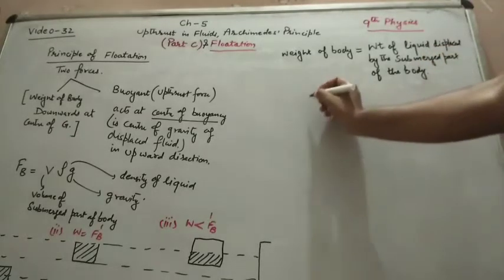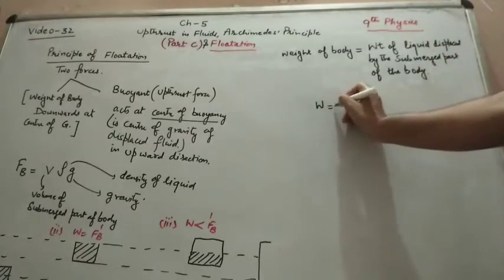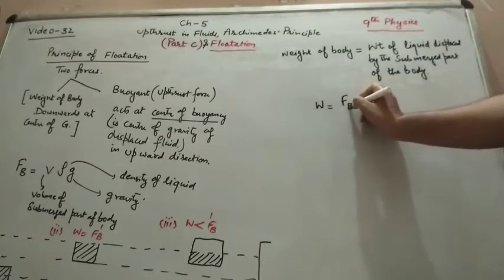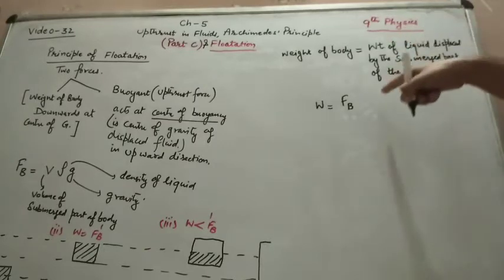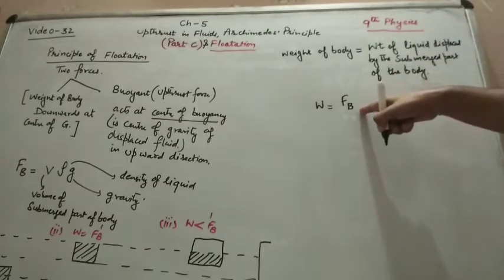So I can write W is equal to buoyant force, because this weight of the liquid displaced by the submerged part of the body is also equal to the upthrust force, the buoyant force.